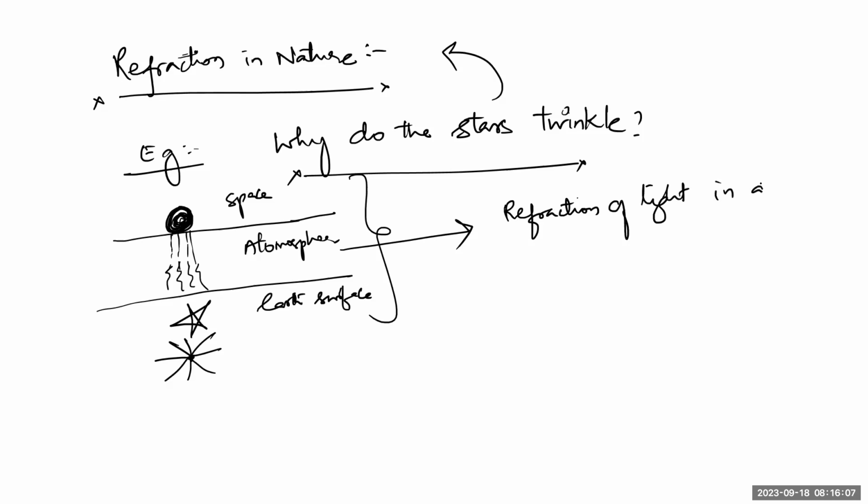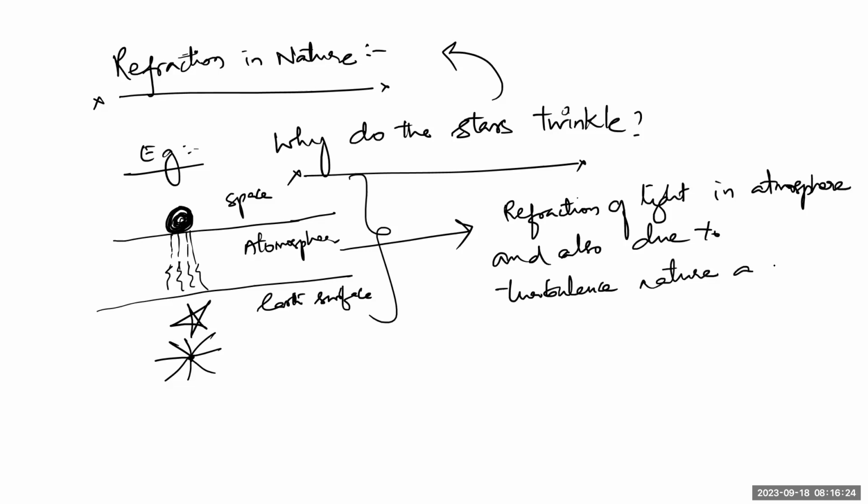As light passes through the atmosphere, and also due to the turbulent nature of the atmosphere. What is meant by the turbulent nature of the atmosphere? In the atmosphere, there are many different constituents: there will be wind, there will be light.